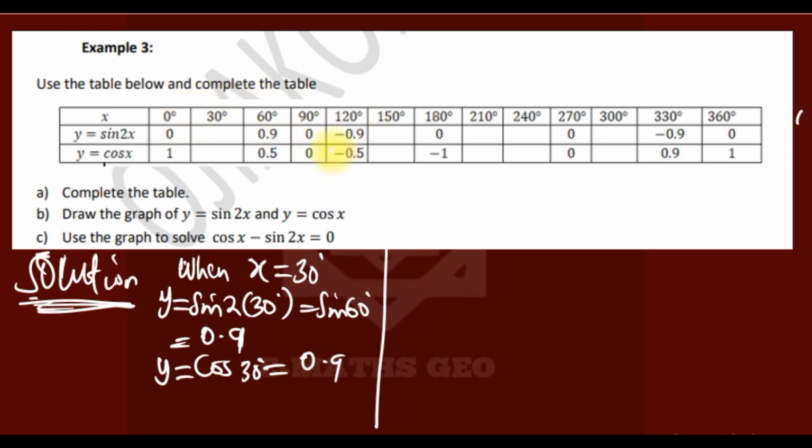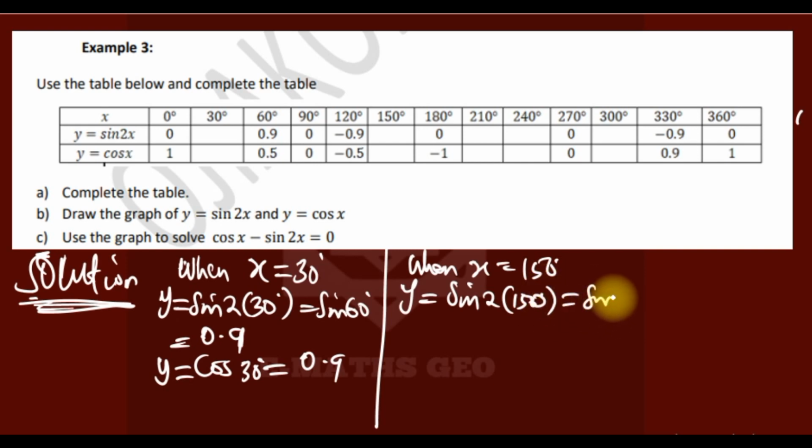For the second one, we'll fill for 150. When x equal to 150, we have y equal to sine 2 times 150, which is sine 300. We know sine 300 is in the fourth quadrant, which is minus sine 60.